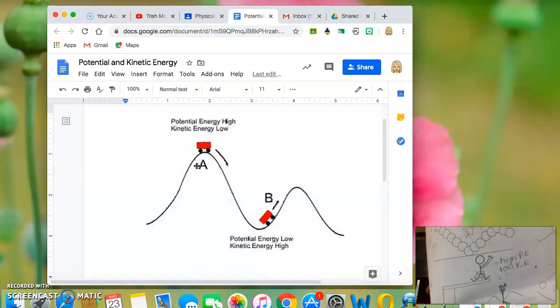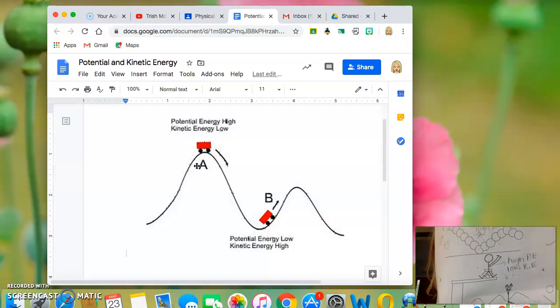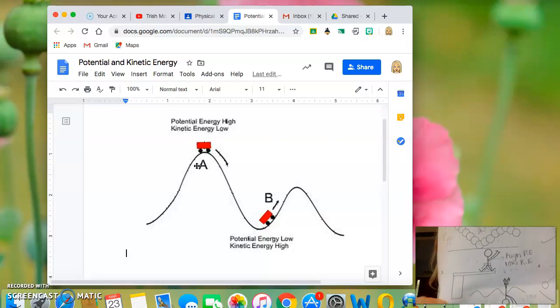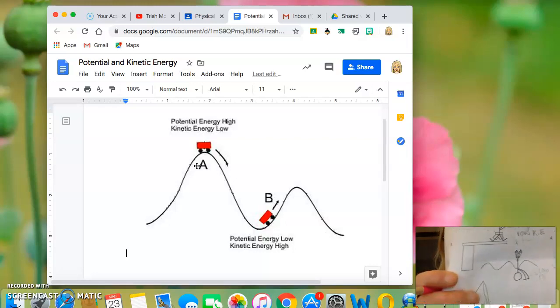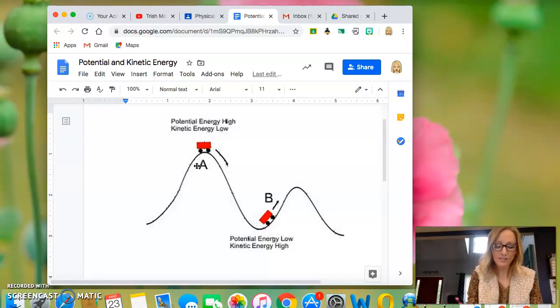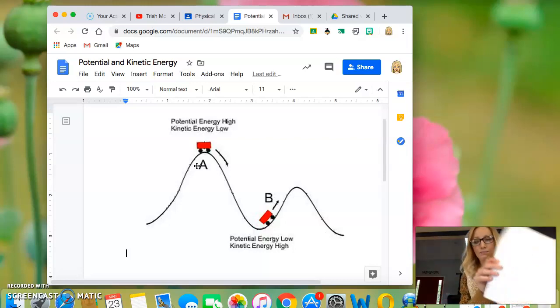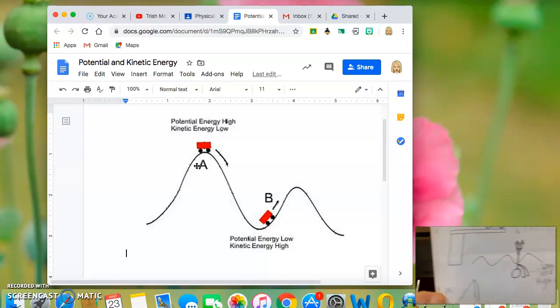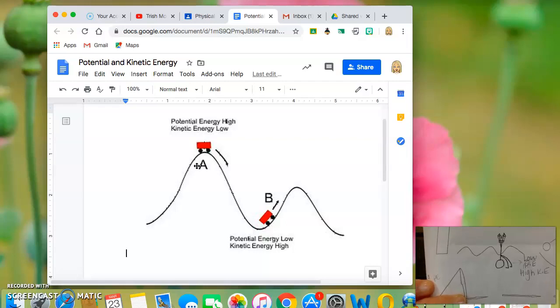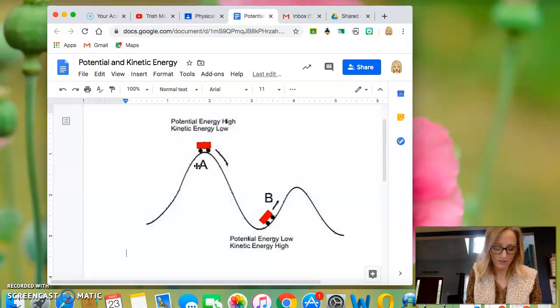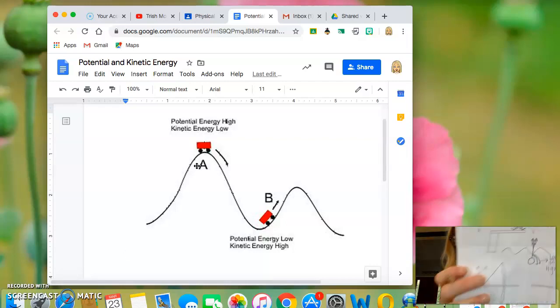As you can see, I labeled that little guy. He has high potential energy and low kinetic energy. Then once he jumps into the pool, it changes over. He's now going to have low potential energy, right? Because he jumped into the pool, and high kinetic energy. See my little arrow? It's not very dark.